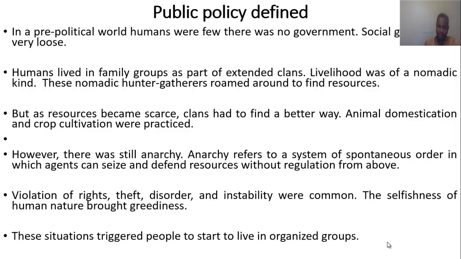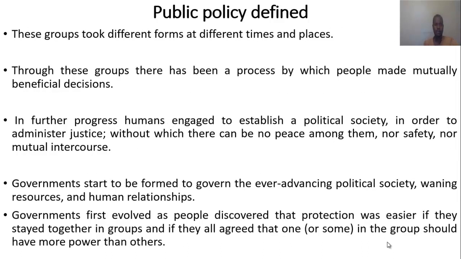Look at the steps: this organized group takes different forms at different times and in different places. It can be monarchy, it can be dictatorship, wherein individuals control a given community and make laws that abide for all.